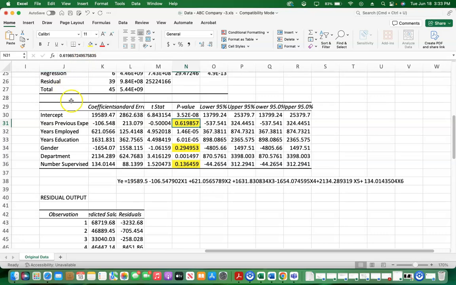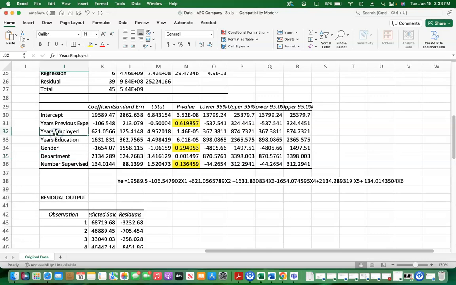So in this case, all we can do is remove number supervised, gender, and years of previous experience, and keep years employed, years of education, and department. Those are the factors which, when we consider multiple regression, are significant.